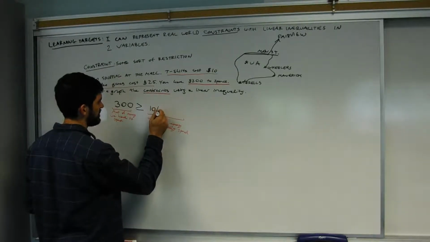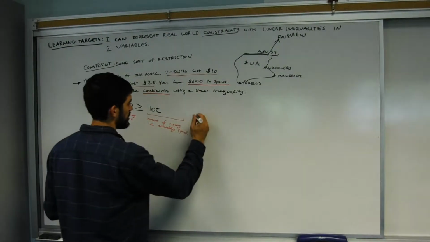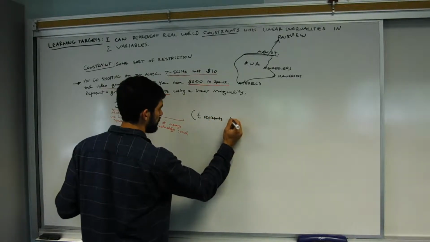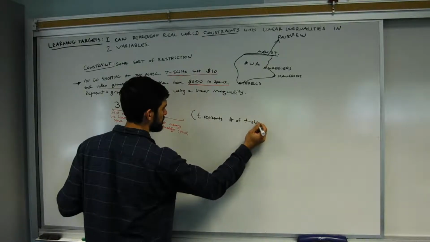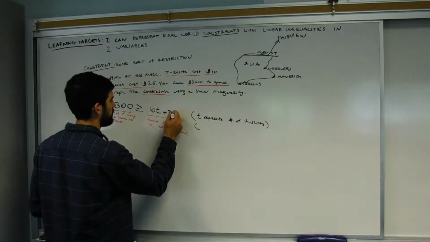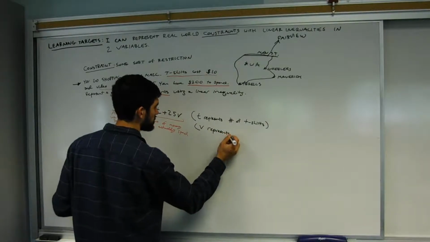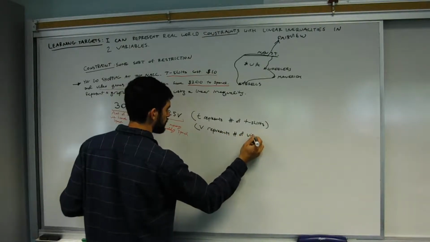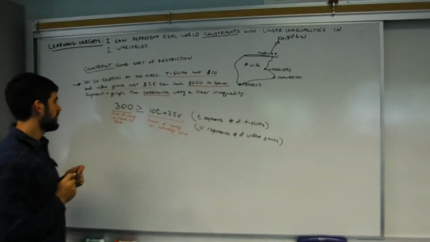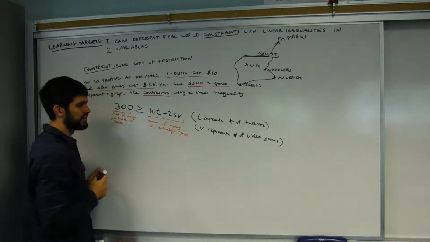So we're going to have 10T, because each t-shirt costs $10. T represents the number of t-shirts. We can have plus 25V, where V represents the number of video games. And this is our inequality, because we're going to be paying $10 for each t-shirt and $25 for each video game.